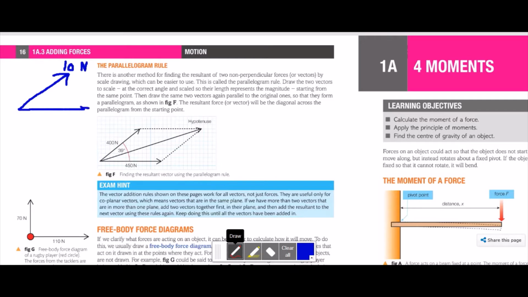Let's say this is the x-axis and this is the y-axis. All of you are familiar with Cartesian coordinates, x and y axes from your math classes. And let's say the angle it makes with the x-axis is 50 degrees.